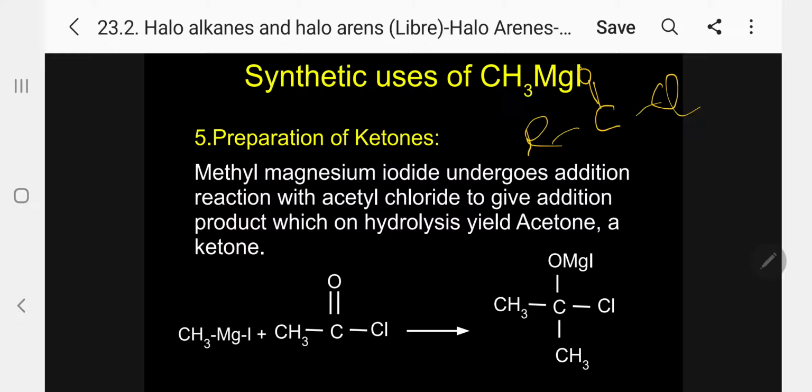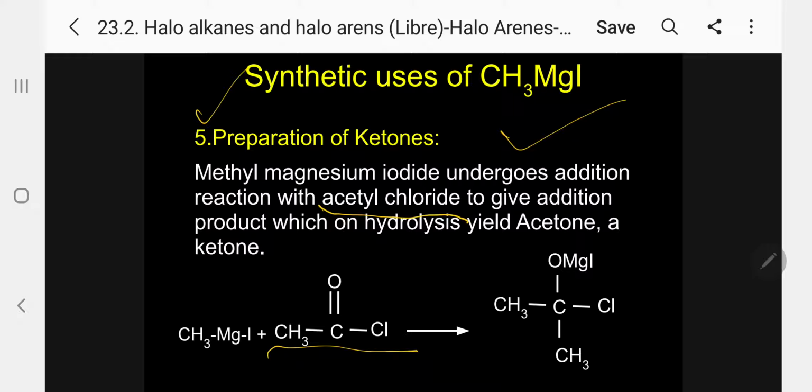Otherwise, we can take benzoyl chloride. Kindly see here, I am taking an example. Methyl magnesium iodide undergoes addition reaction with acetyl chloride. This is the acetyl chloride common name. It gives the addition product with methyl magnesium iodide, the Grignard reagent, forming the intermediate, which on hydrolysis yields acetone, a ketone.